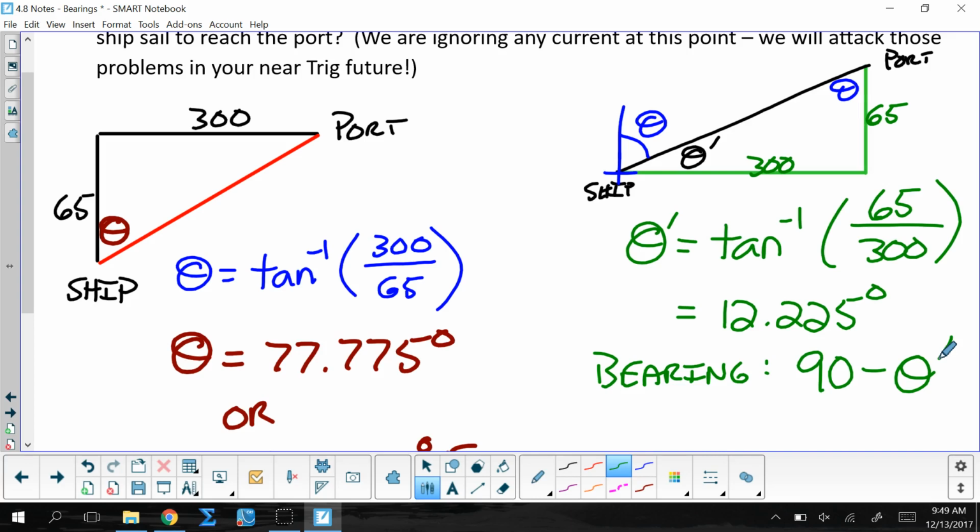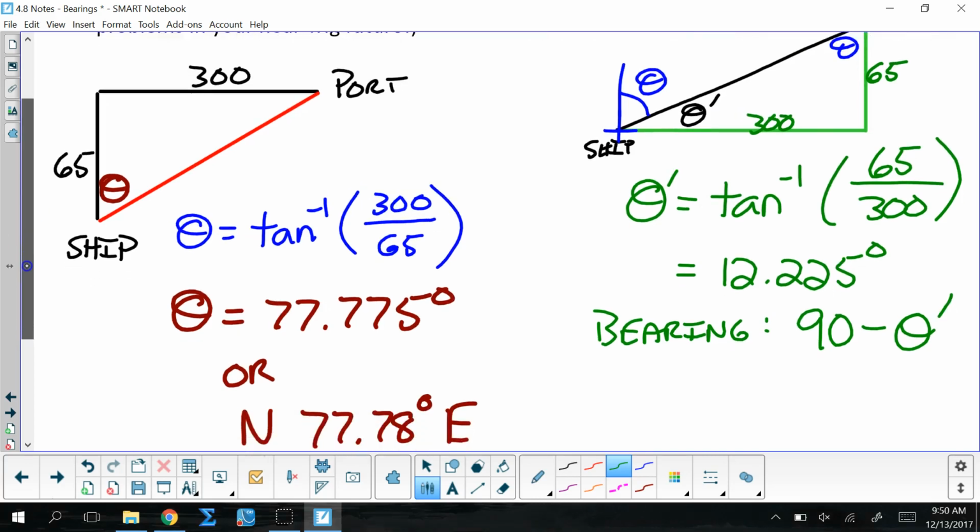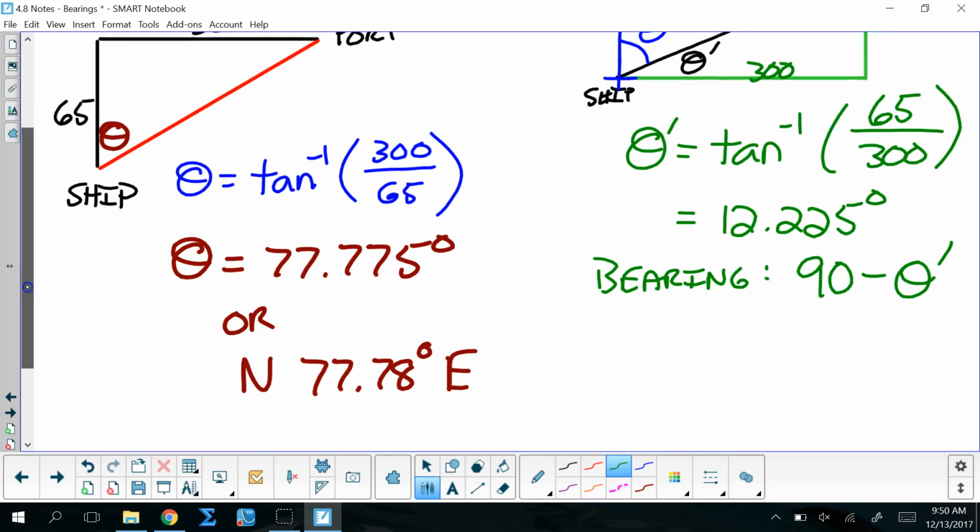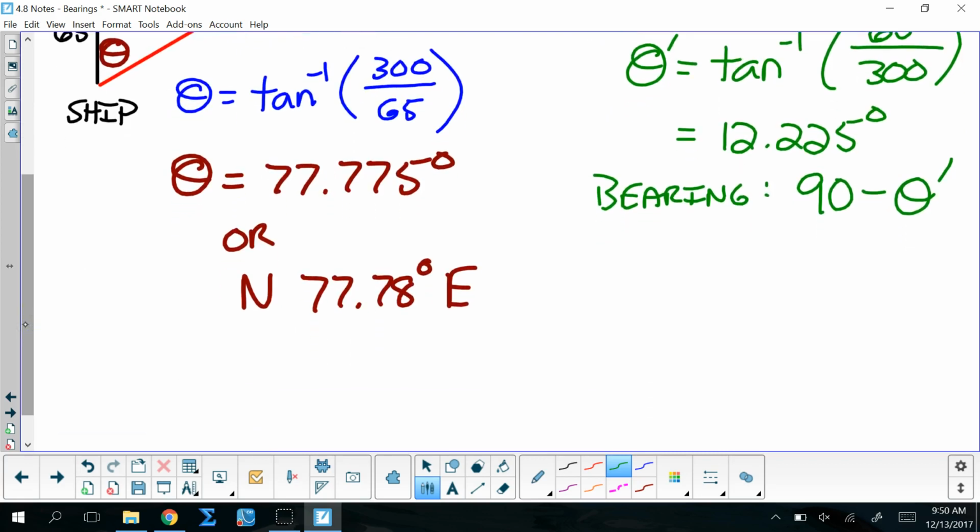Instead of saying 77.775 north and east, could you just say 257.775? No, because that's if I'm going from port to the ship.